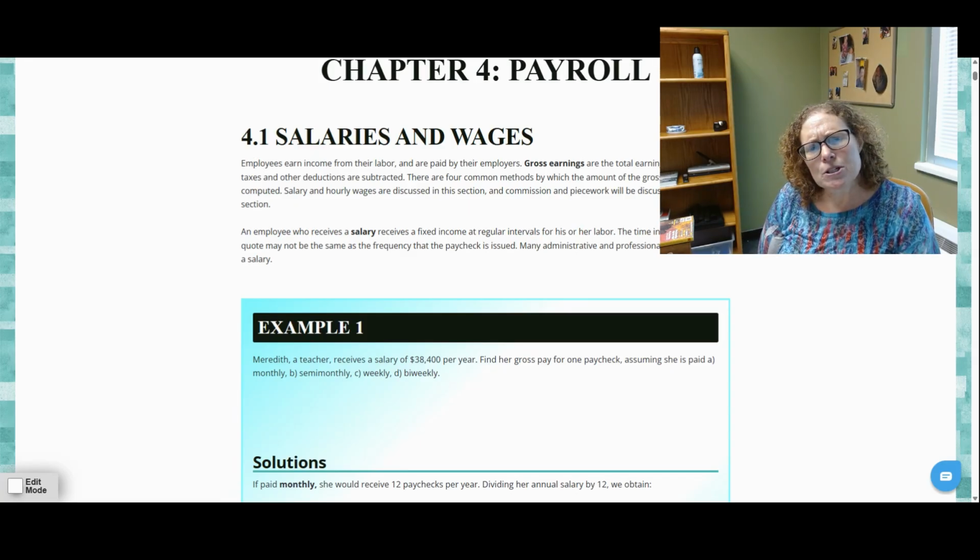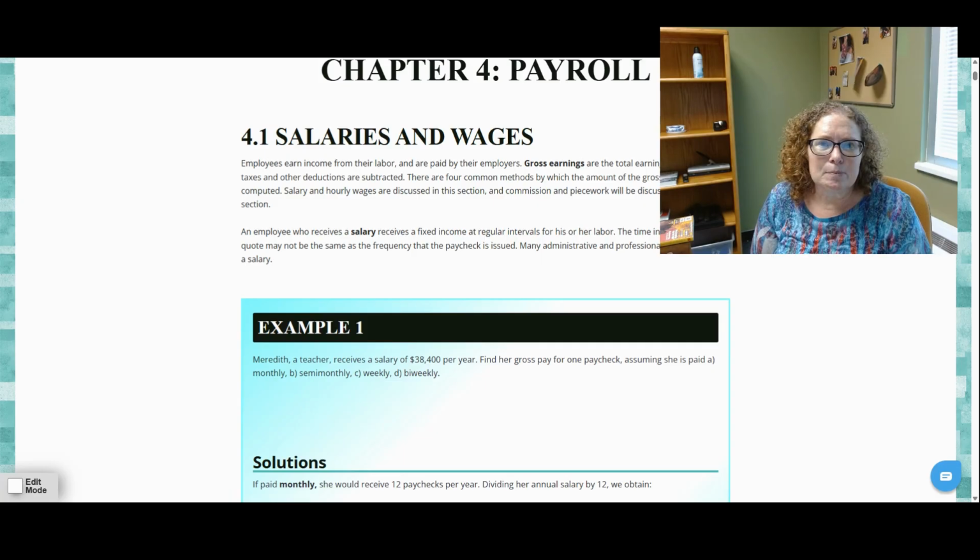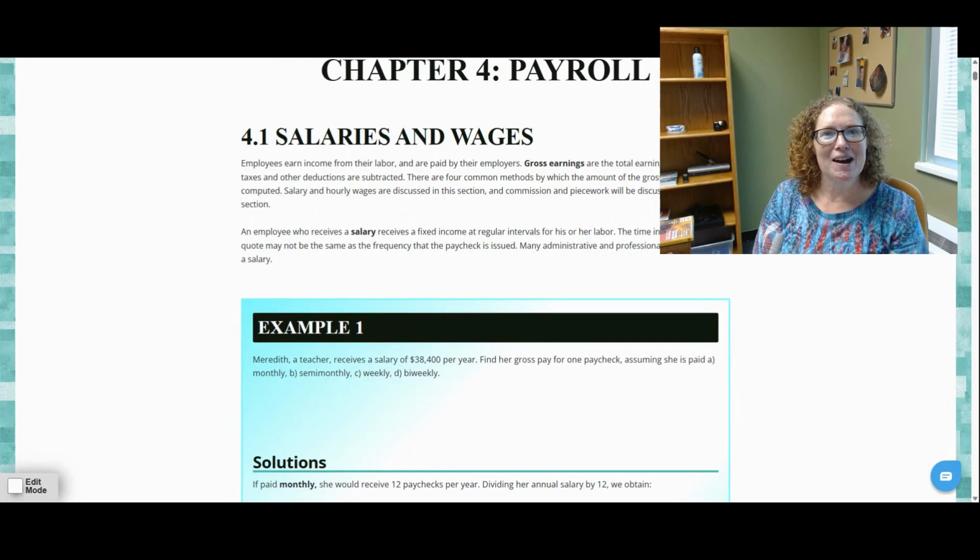Typically, we talk about salary, and we'll get into a little bit of this further along too. If a person has a set rate that they make every week, typically that person would be considered exempt from the Fair Labor Standards Act, which you can look into a little bit more if you want to. I dealt with it a lot when I worked in human resources, but salary is a fixed amount.